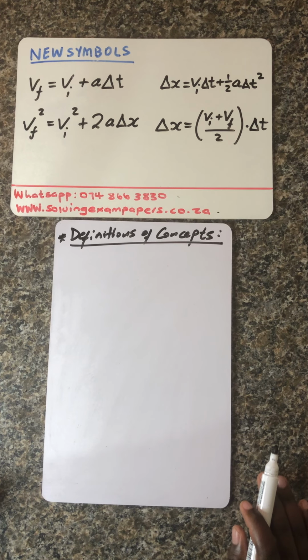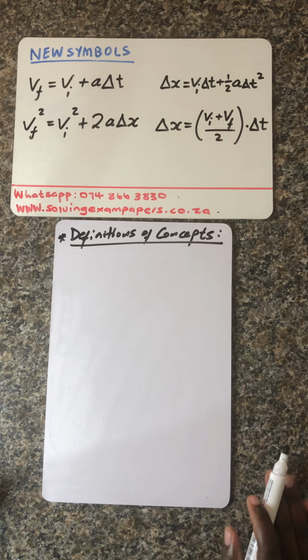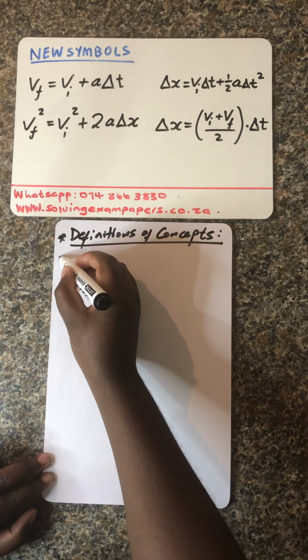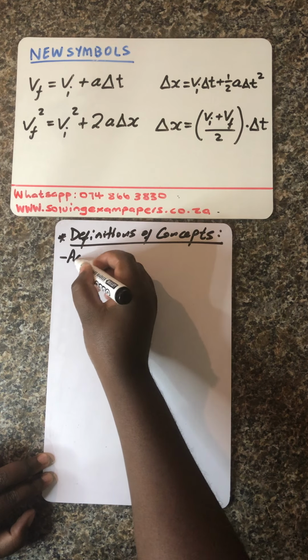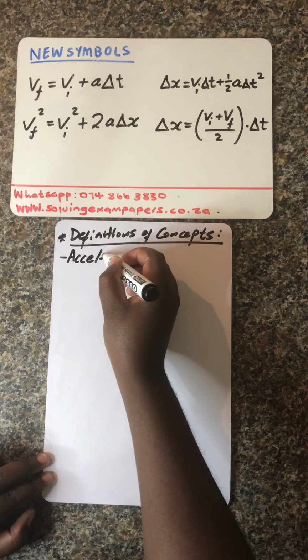Obviously, ladies and gentlemen, from the previous lessons I've spoken much about acceleration. So in terms of an equation, what is an acceleration? Let me just write it down. Acceleration.